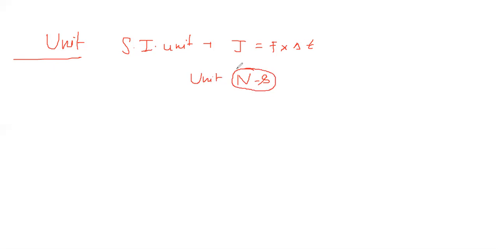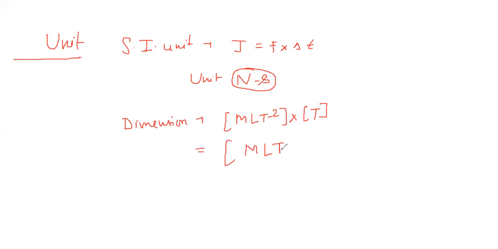For dimension, F dimension is MLT minus 2 and delta T dimension is T. So the dimension of impulse is MLT minus 1. Dimension and unit both are clear.